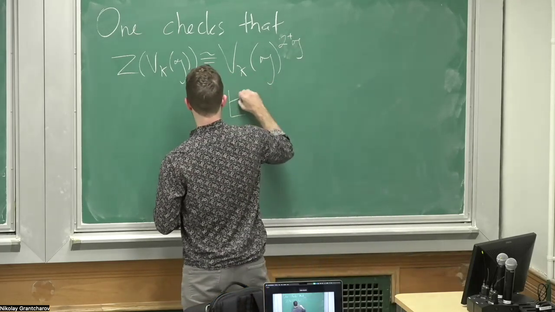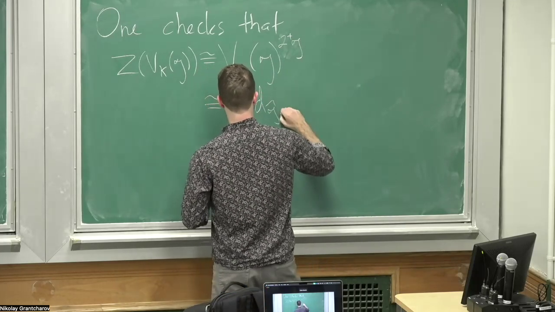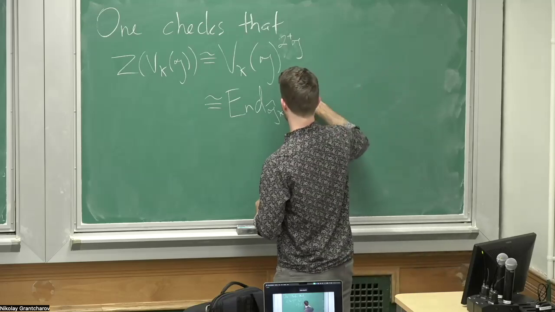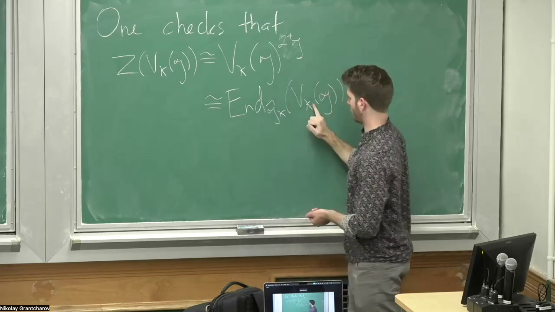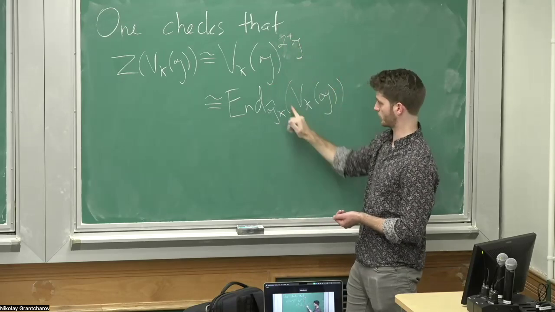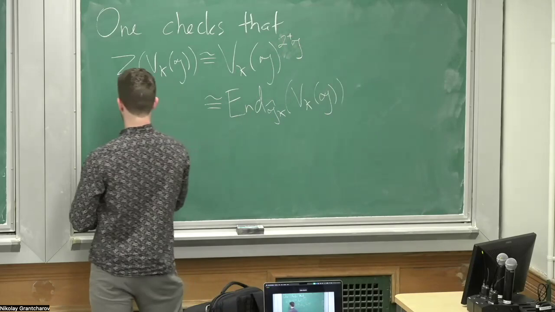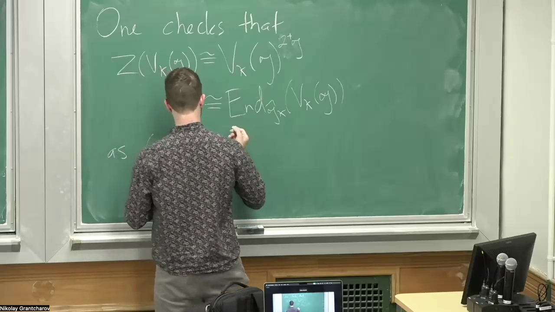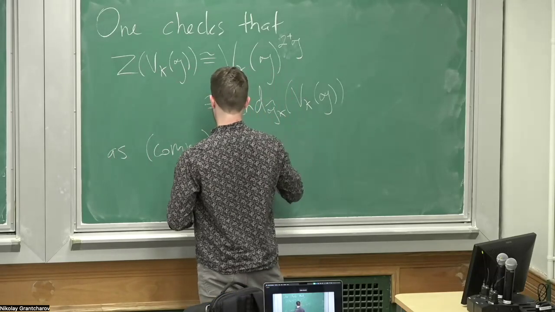And this is endomorphisms in Kac-Moody representations of the vacuum representation. Hom out of the vacuum representation exactly takes invariance for the arc group, because it's this induced representation. So this is the endomorphism algebra. I claim that you have this isomorphism as associative algebras, which on the left-hand side are actually commutative.